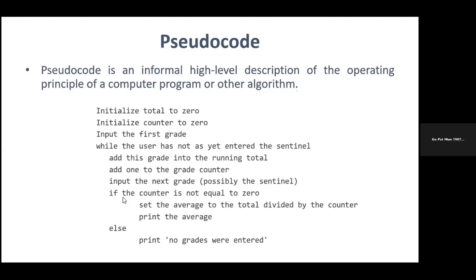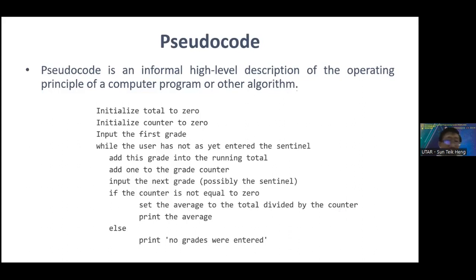Then if the counter is not equal to 0, we will set the average to the total divided by the counter, and then we display the average. Because you see here, we are performing a mathematical division. We take the value from the total divided by the value inside the counter. We must make sure that the value inside counter cannot be 0, because mathematically we cannot divide by 0.